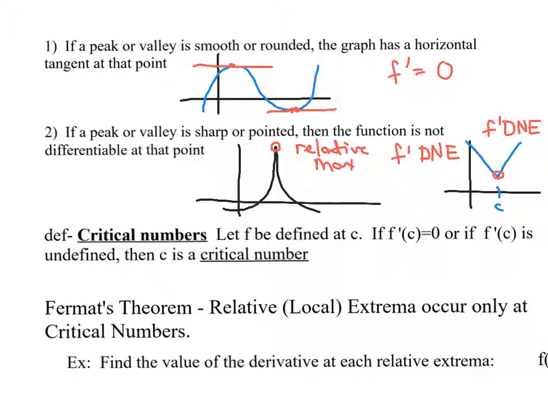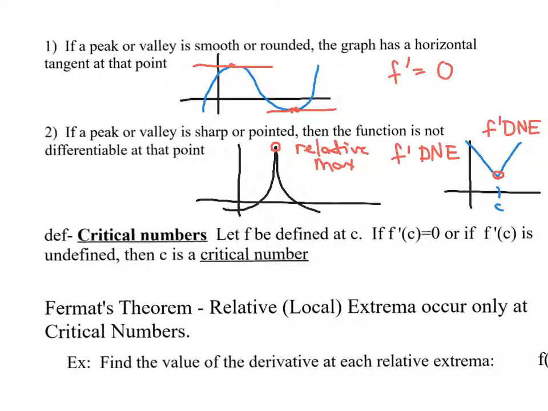So next we have a really important definition in calculus. This is the definition for critical numbers. If f is a function that is defined at a c value, if the derivative of f at c is equal to 0, or if the derivative of f at c is undefined or does not exist, then what we're going to say is that c is called a critical number.